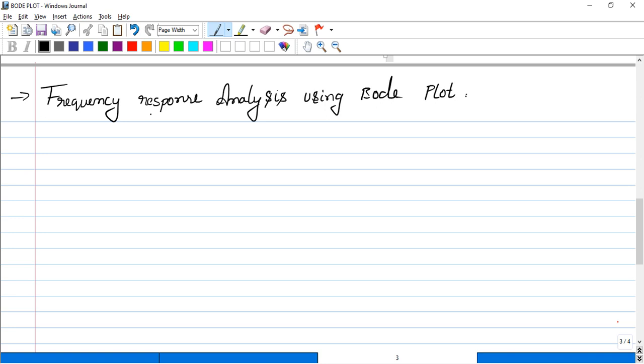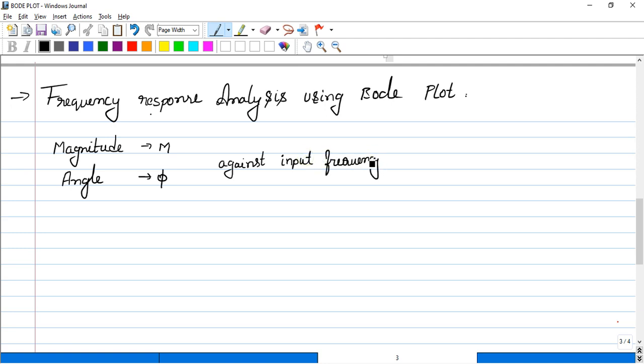So here for any frequency response, we need to plot magnitude, represented by M, and angle, psi, against the input frequency omega.